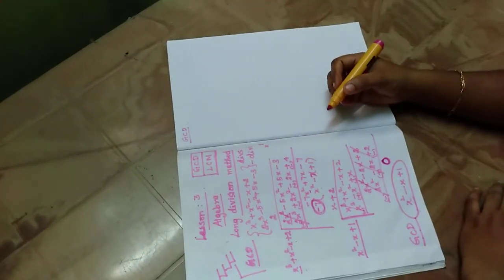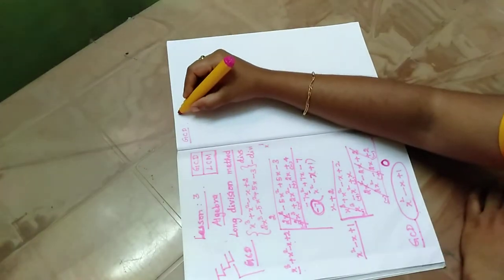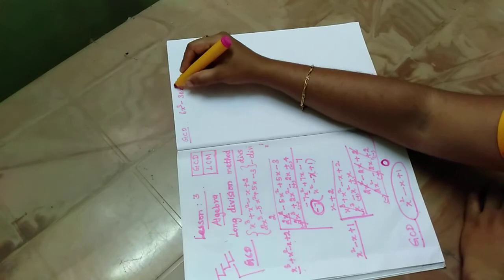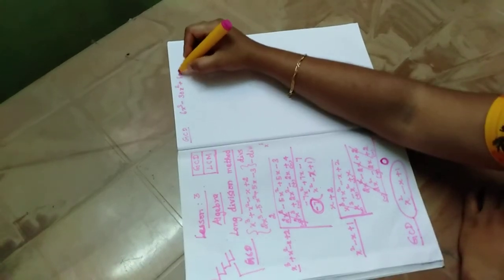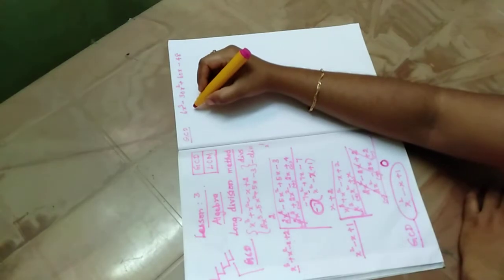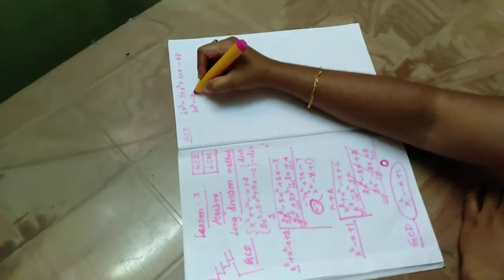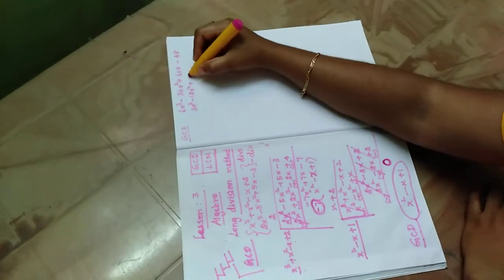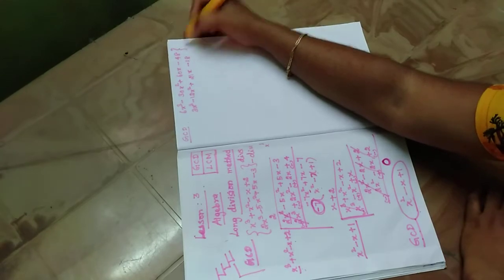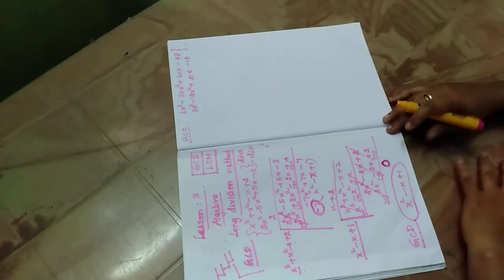Let's take the equation 6x cube minus 30x square plus 60x minus 48, and one more, 3x cube minus 12x square plus 21x minus 8. So these are your two equations.